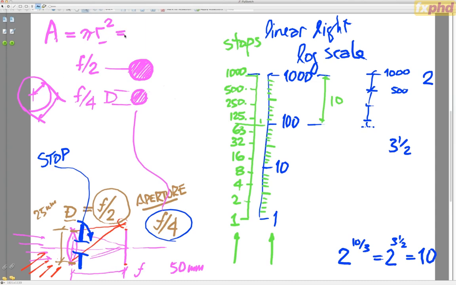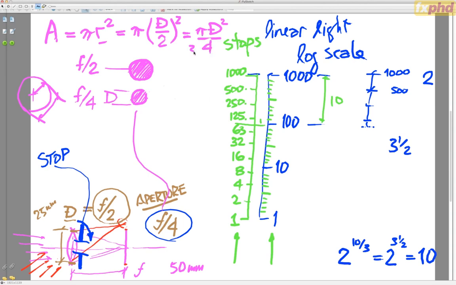We want to talk about the diameter, and that's twice the radius. So instead, we have to say pi times the diameter over 2 squared, but that's equal to pi times d squared over 2 squared, which is to say that it's pi times d squared over 4.